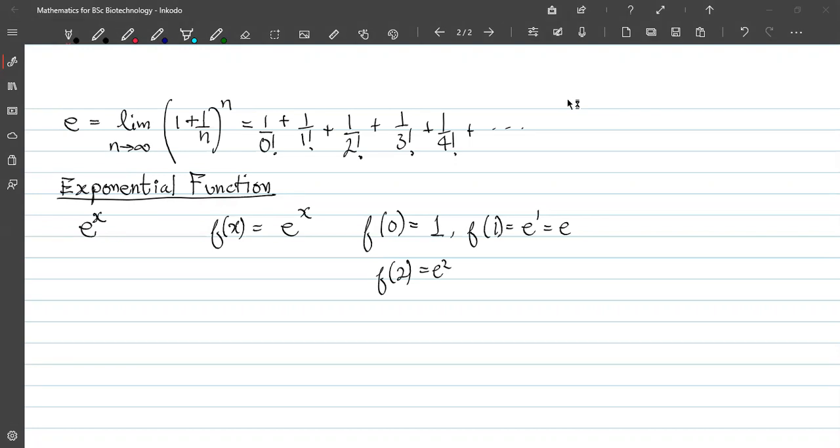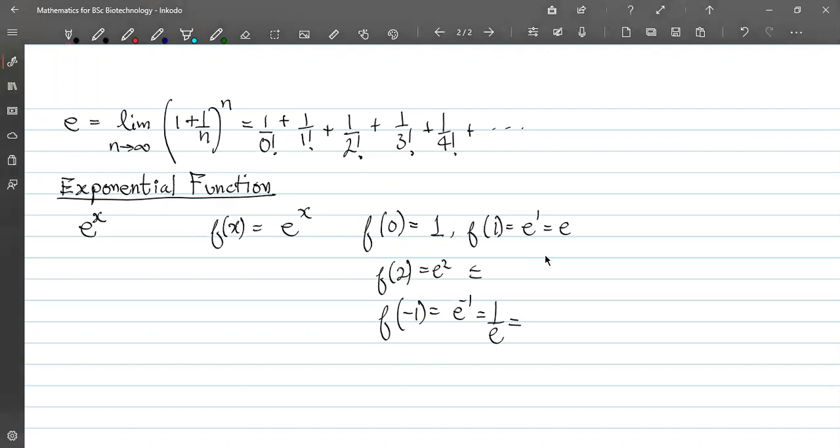So I'll find this value, and also you can find f of minus 1, which is e to the minus 1, which is 1 by e, right? So let me find these values. Right.